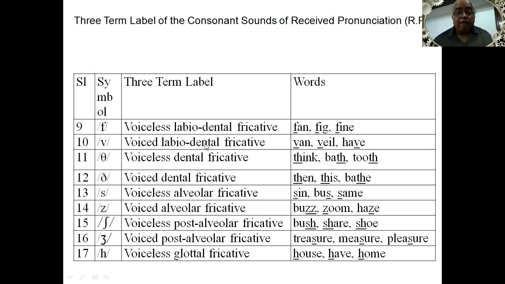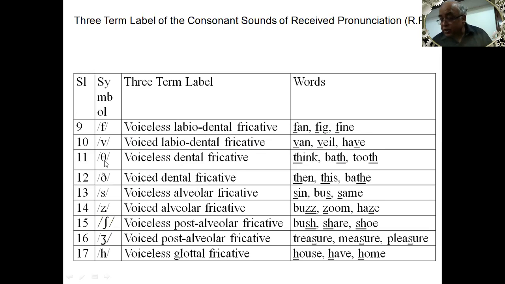We've got v and f, and it's a fricative because there's a stricture of close approximation. There is a narrowing. When the air passes through, there is a lot of friction. So this v in the word van, v in the word veil, and v in the word have.